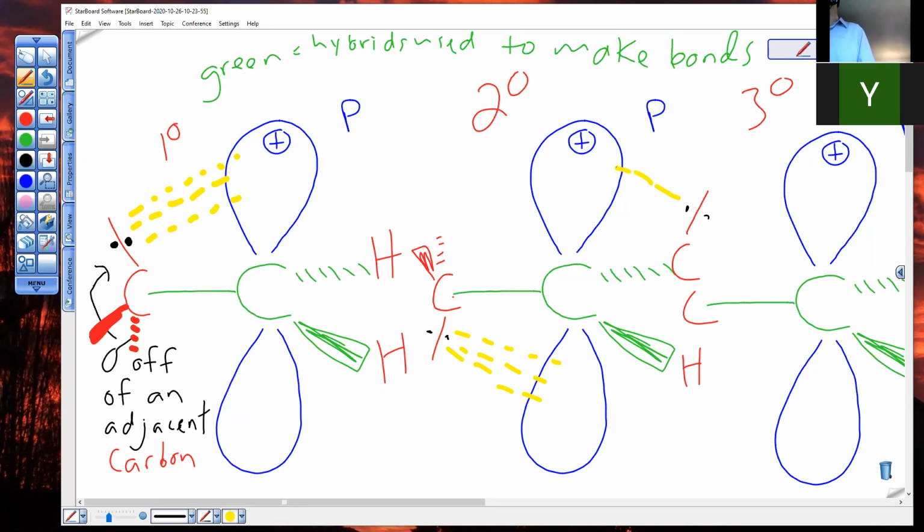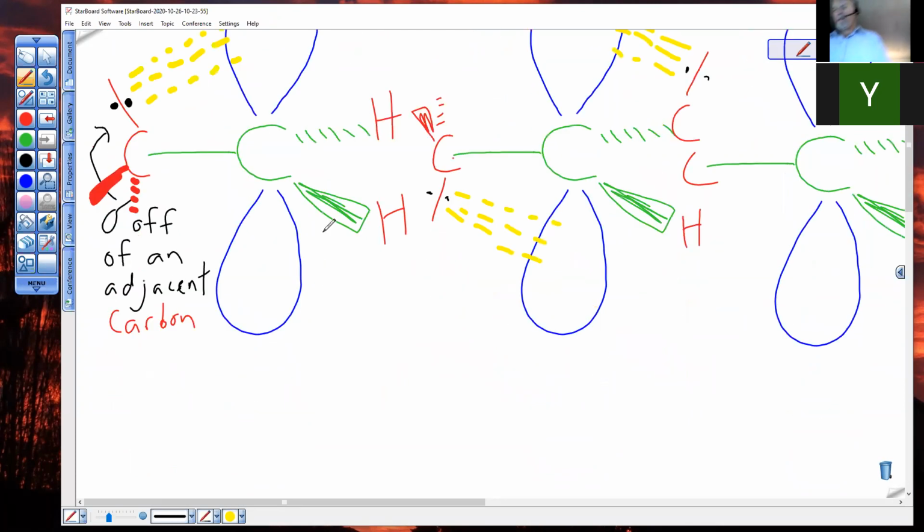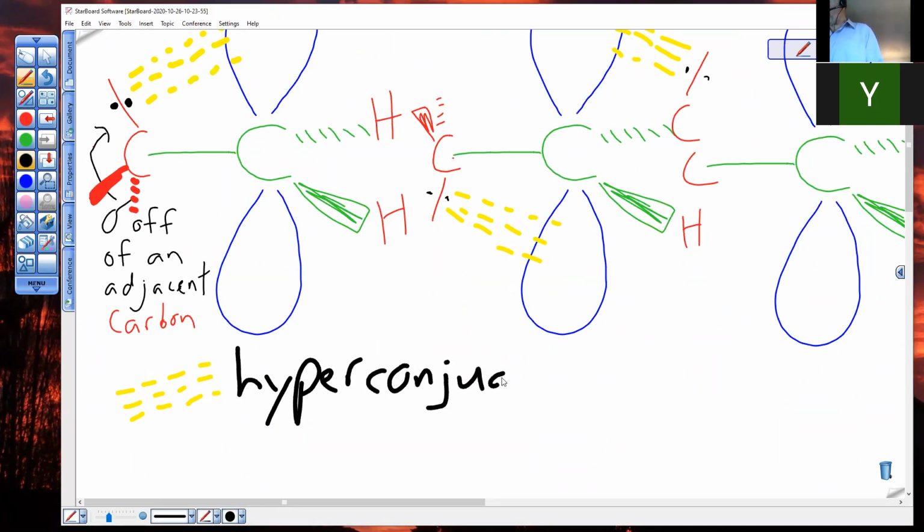We better give that good interaction a name or else we'll just have to keep saying the electrons in a sigma bond off of an adjacent carbon have the right orientation sometimes to stabilize the p orbital. We need words for that. So the words for these symbols, one big fat word, hyperconjugation.